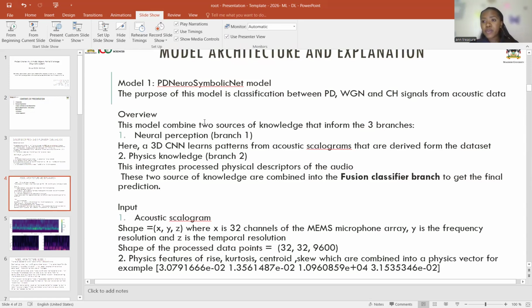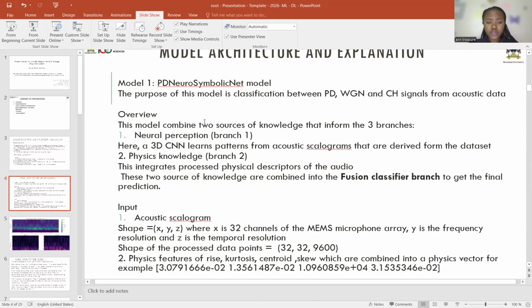The first model I'm going to explain is the PD neural symbolic model, whereby this model was informed by two sources of knowledge. The first source of knowledge is the neural perception, then the physics knowledge.